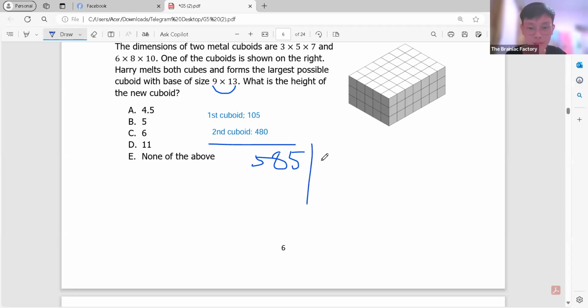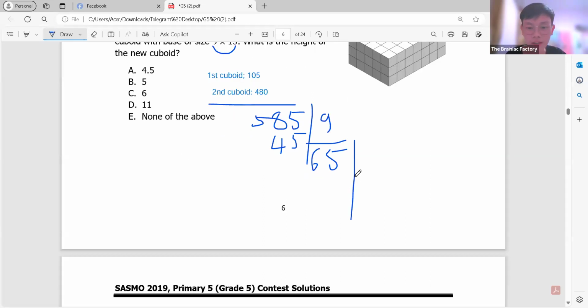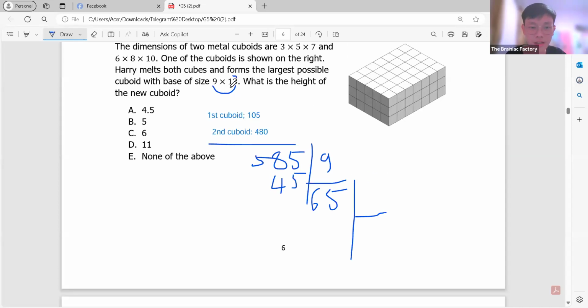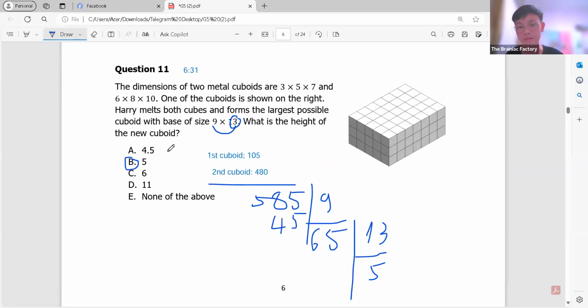So let's divide it by 9 first, I guess. So this one is giving us 6, remainder 4, and 5 down here, having 45. And we divide again by 13, which is giving us 5, so the height must be 5. Do you have any questions?